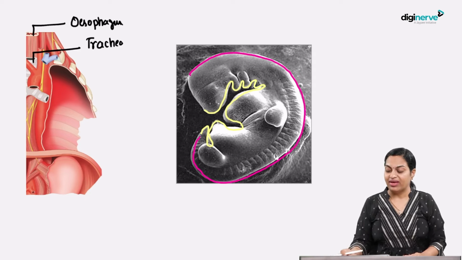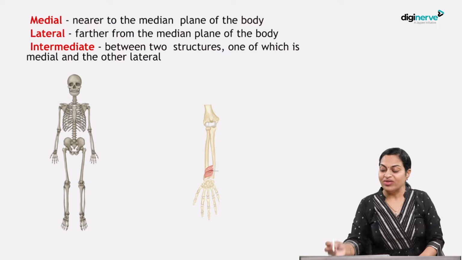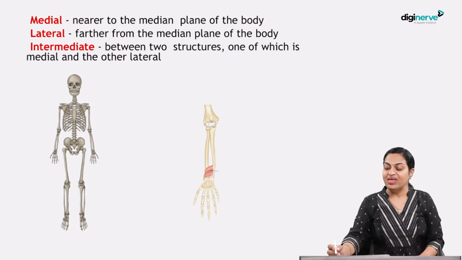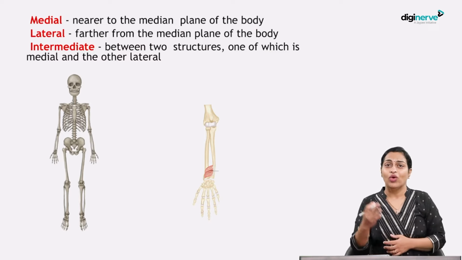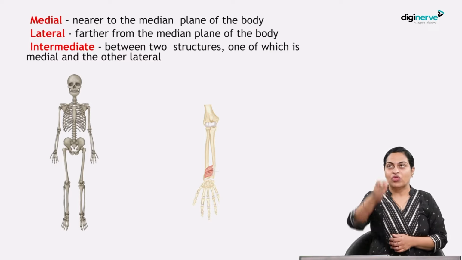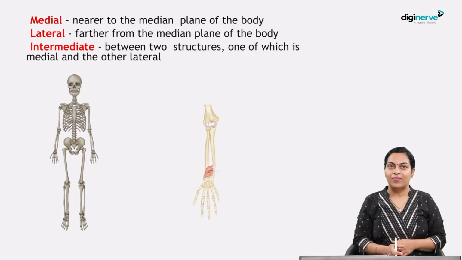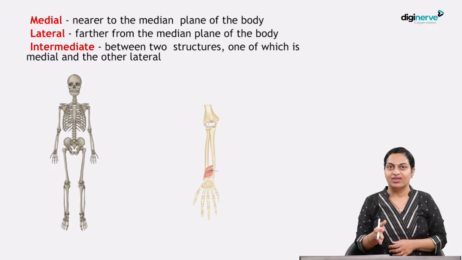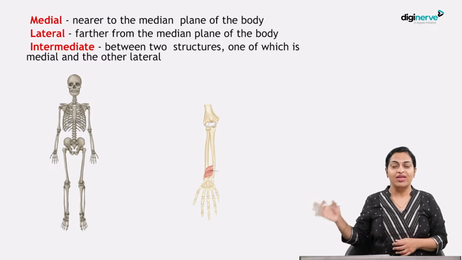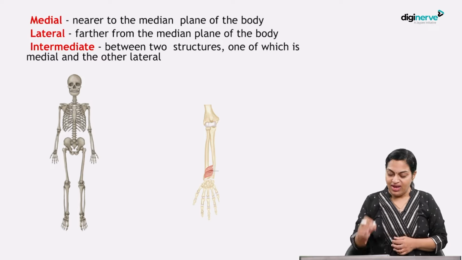Understood? Front and back. Moving on to the next terminology, medial, lateral and intermediate. I'm going to define and you're going to give me an example. So you know there is a midline. Anything closer to the midline, we call it medial. Away from the midline, it's going to be lateral. I'll ask you.